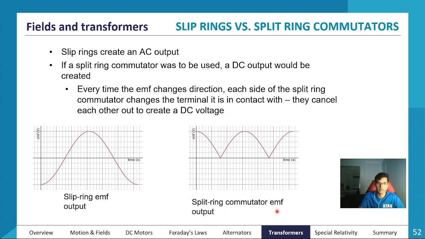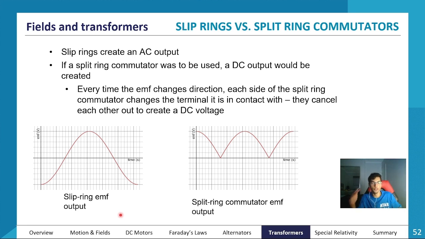That's because a split ring commutator reverses the direction of the current. All of the negative EMF has been transformed into positive, right? So if we include a split ring, all the negative becomes positive. However, if we don't include anything, we just include a slip ring, the direction of the current doesn't change.